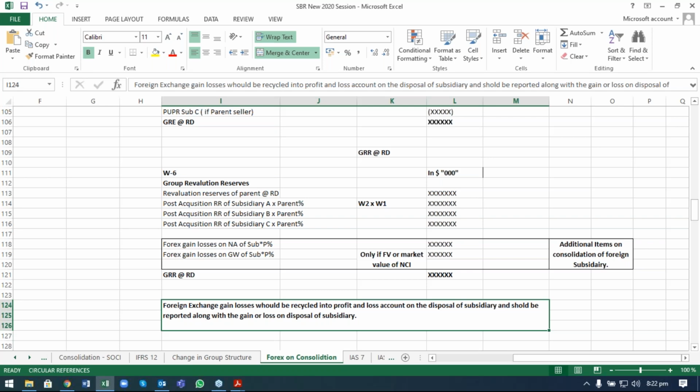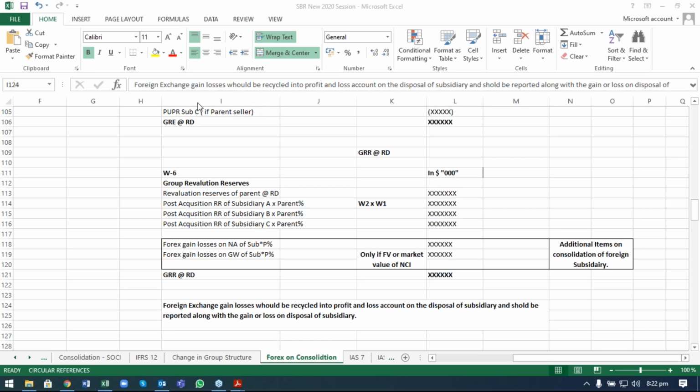You have to have tried your best to find out the fair value of NCI. If it's not possible to find out the fair value of NCI, only then, as an option for you to consolidate the financial statements, IFRS 10 allows you to use the cost of NCI rather than the fair value of NCI. I hope it answers your question.